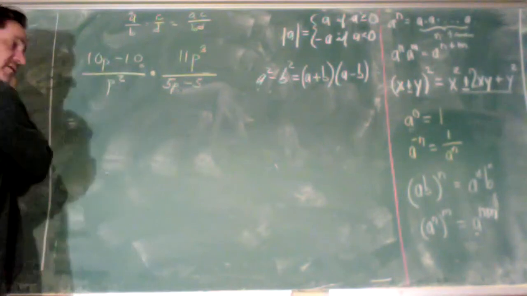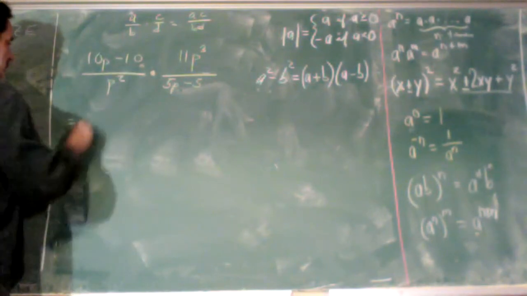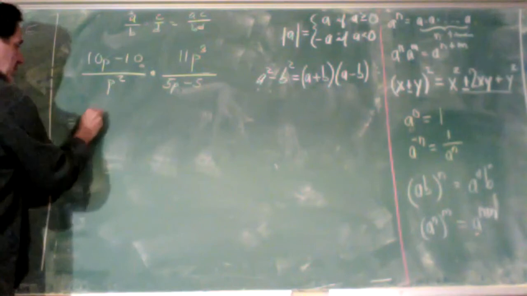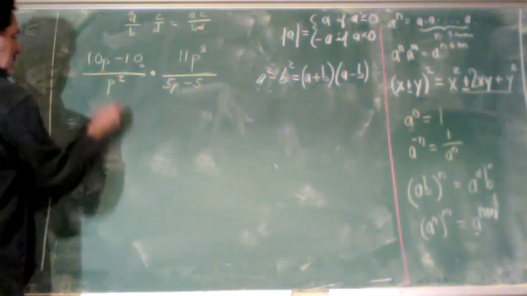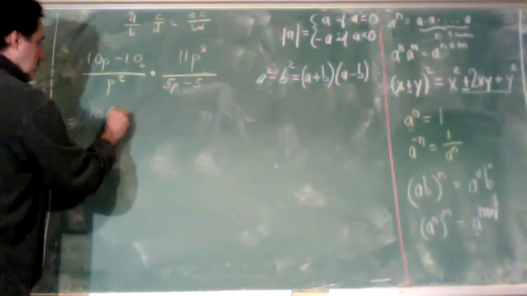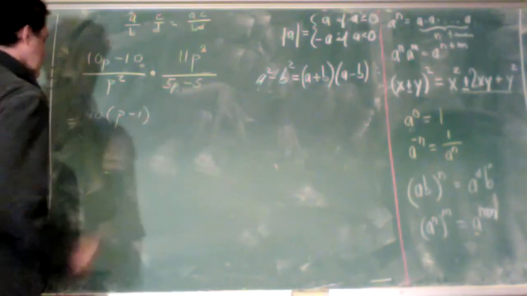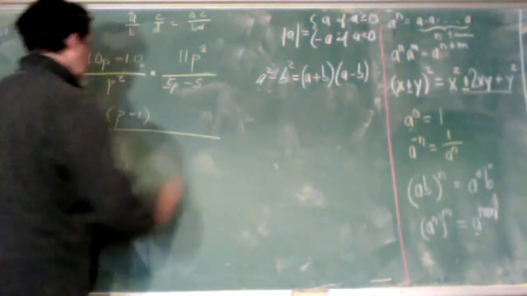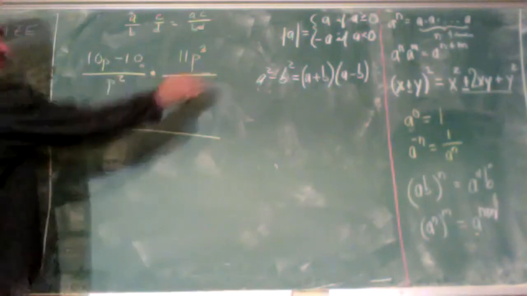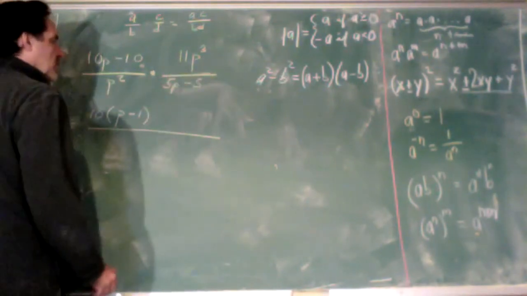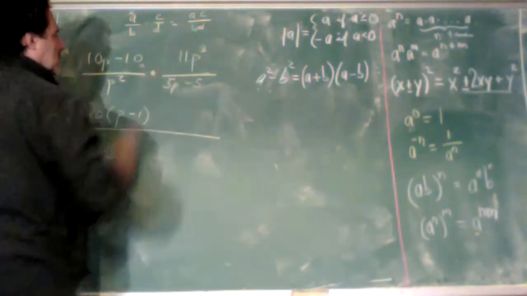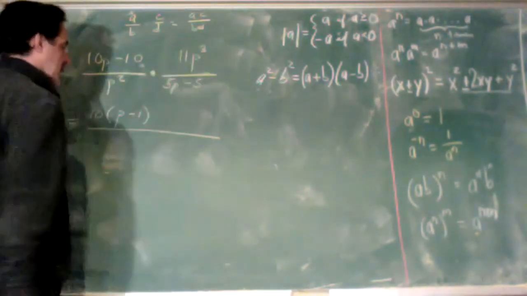And clearly 10p minus 10, those terms have a common factor of 10, which is 10 times p minus 1. And as I do this, I'm going to continue as one fraction, creating the right-hand side here.